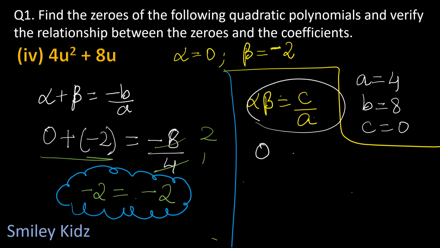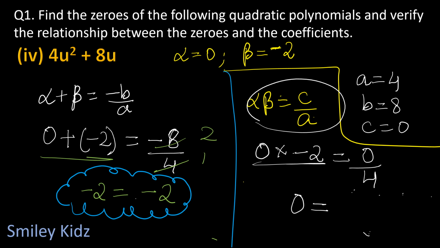It is minus 2. So alpha times beta, which is 0 times minus 2, equal to what is c? 0, right? And what is a? 4. And we know that any number multiplied by 0 is 0. And what is the value of 0 divided by 4? It is 0. So this is how we have verified the relationship for the product of zeros as well.